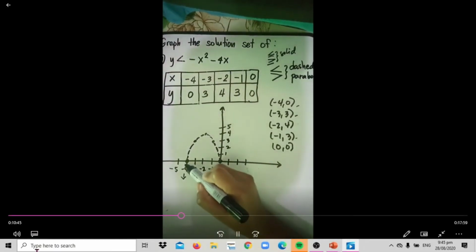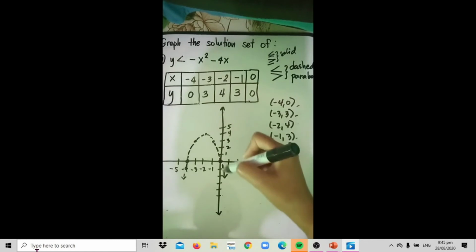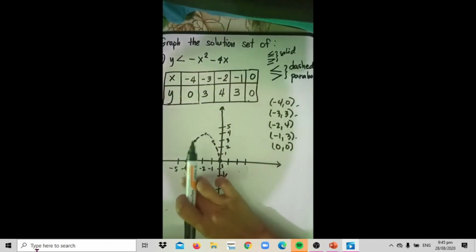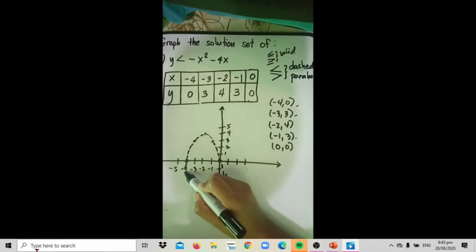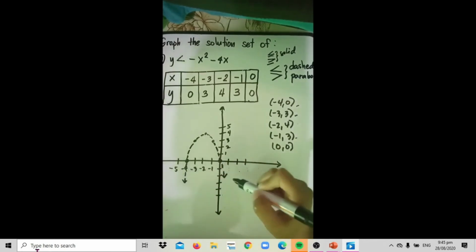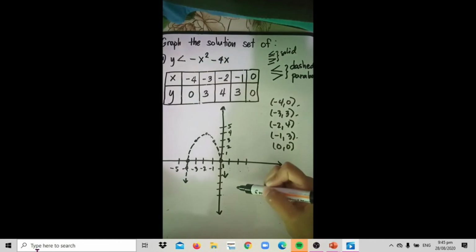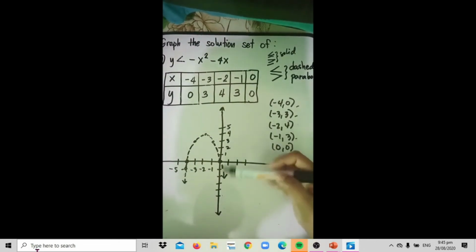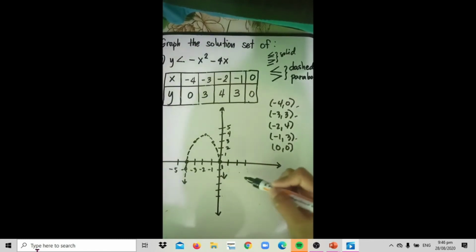Since pababa itong parabola natin, the arrowhead indicates that the parabola goes downward infinitely. Okay? So, nag-graph na natin yung parabola natin.